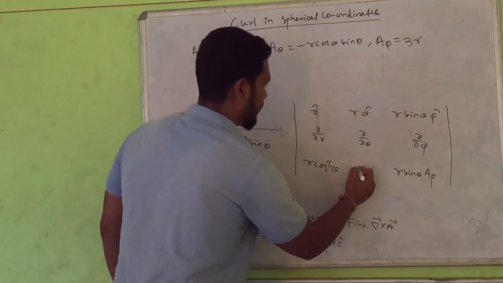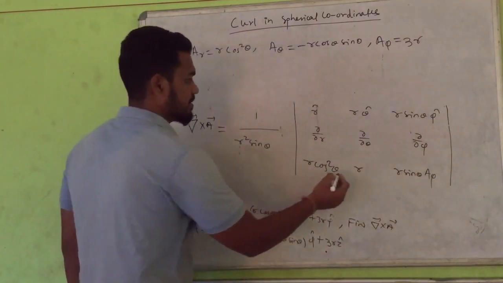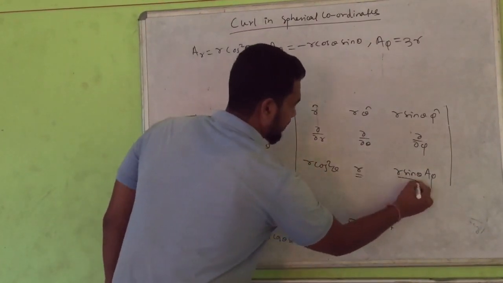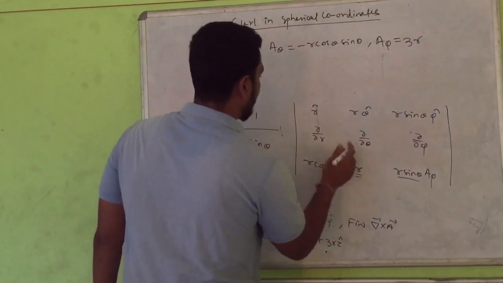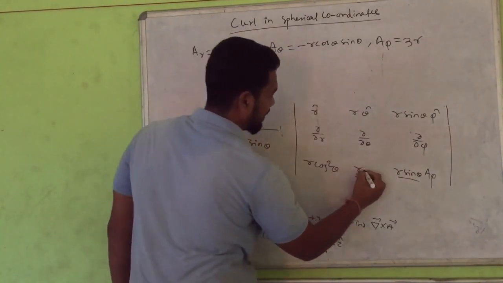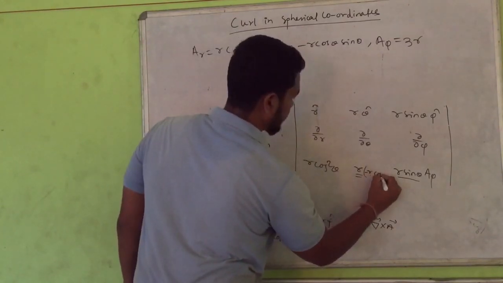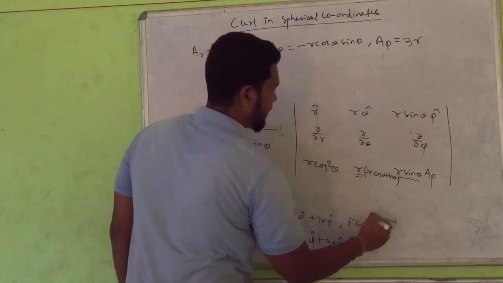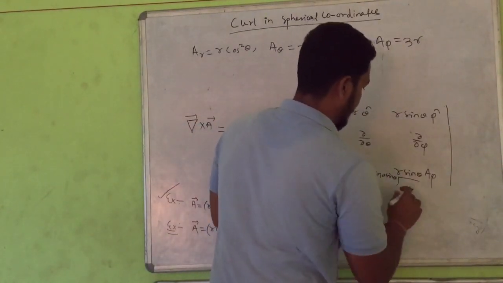Simply, you have to concentrate here when you are writing the components of A_theta and A_phi, because the terms r and r sin theta are present correspondingly. So here r A_theta is minus r cos theta sin theta, and A_phi is 3r.